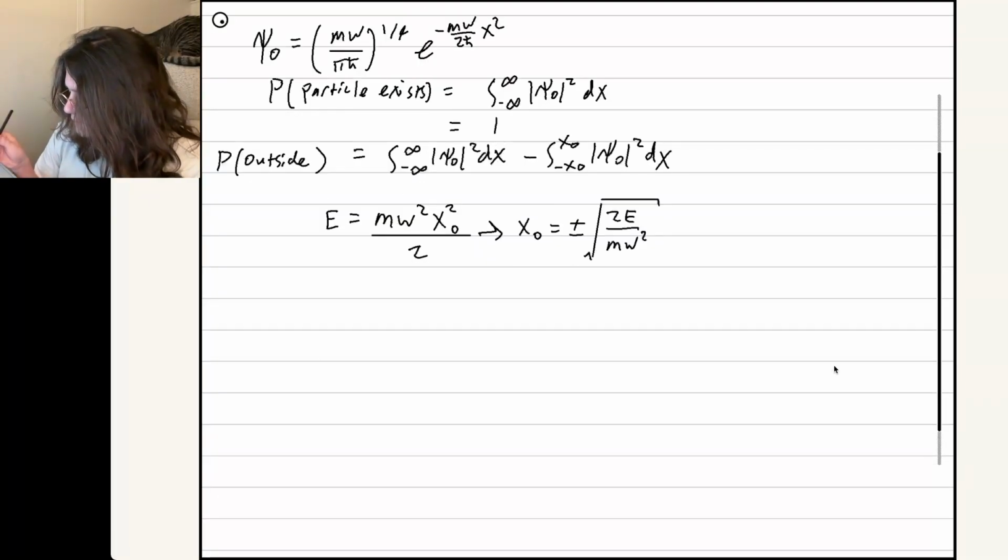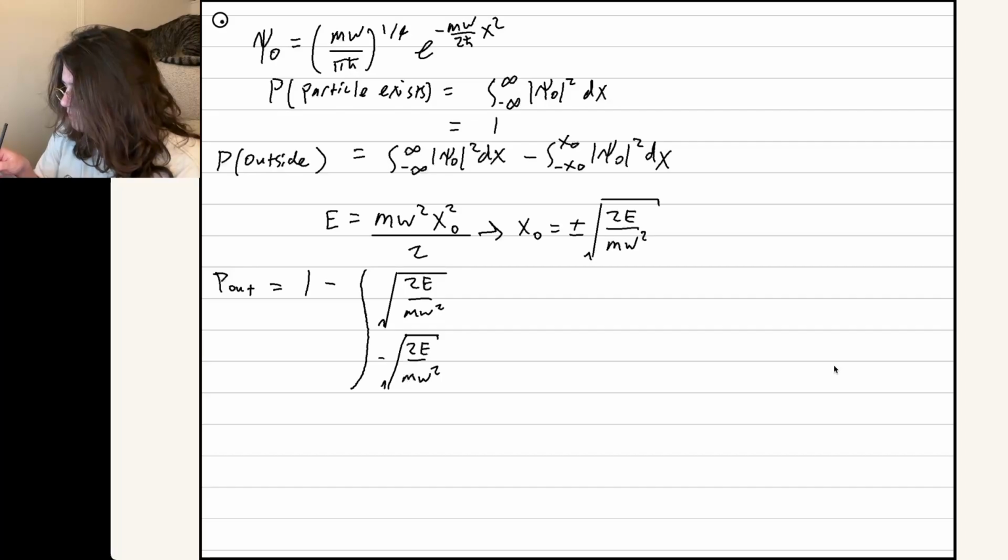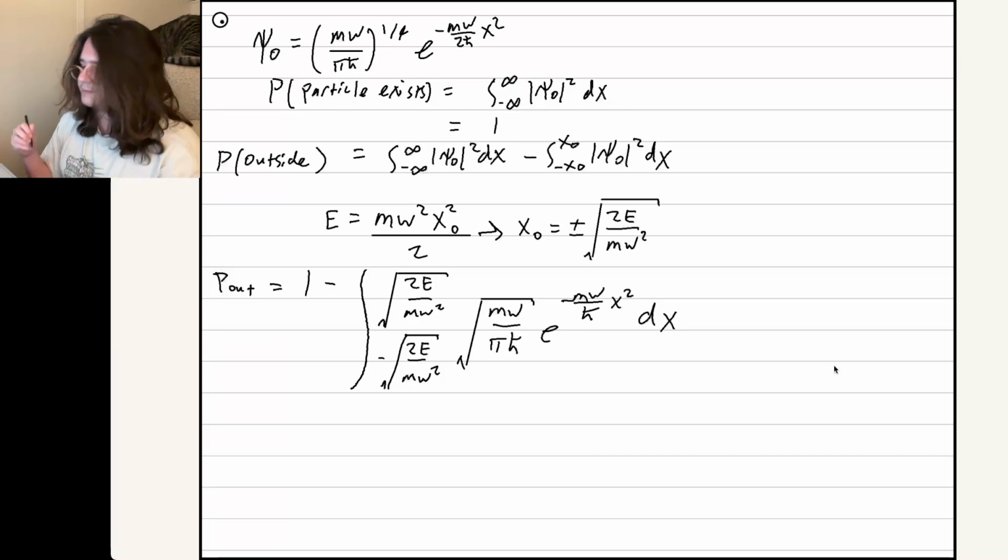So looking at that, the probability that we find the particle outside the box is actually just 1 minus the integral, and I'm going to write a big integral sign, between minus root 2E over m omega squared to root 2E over m omega squared of the square modulus of the ground state wave function, which is just the square root of m omega over pi h bar times e to the minus m omega over h bar x squared dx.